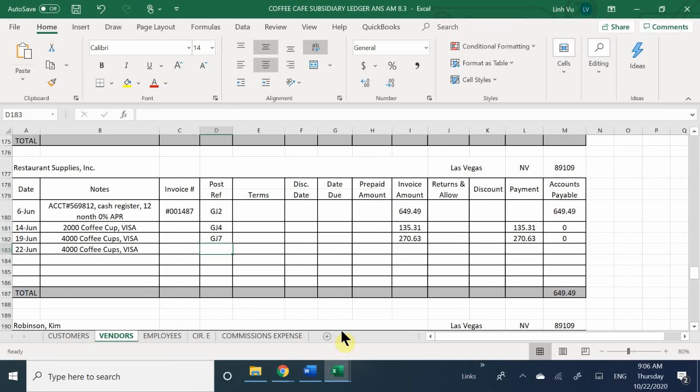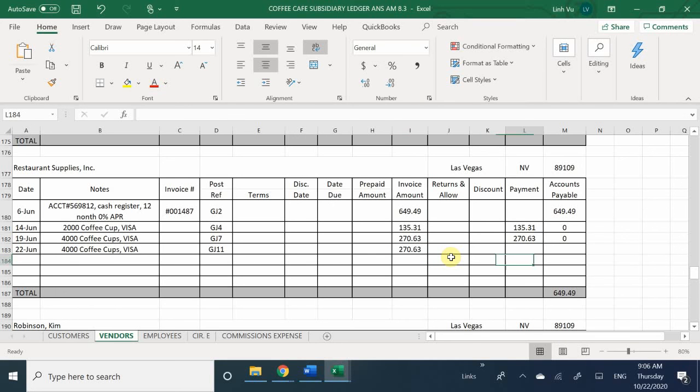General Journal 11. And the invoice amount was 270.63. Then we made a payment of 270.63.